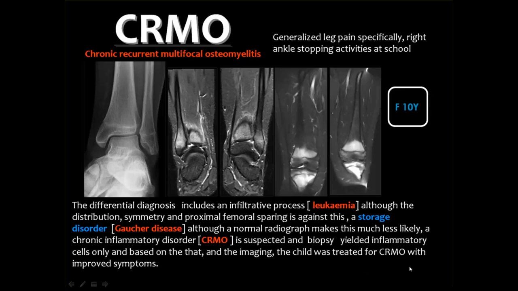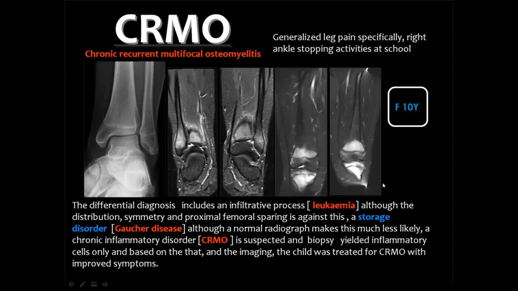This is a patient with a normal X-ray of the ankle. The MRI showed bone marrow edema of the distal fibula and the tibia on both sides, and also bone marrow edema of the distal femur and the proximal tibia on both sides.